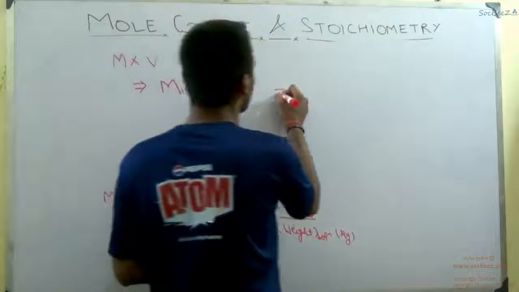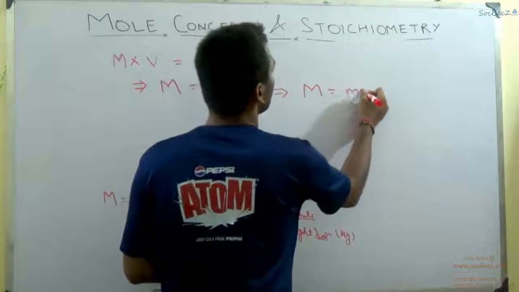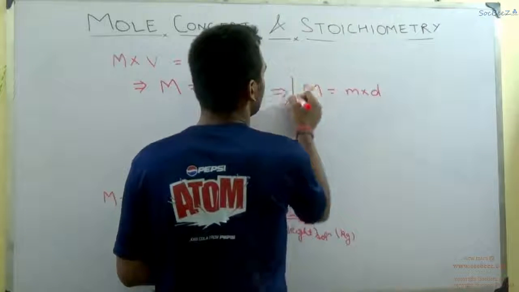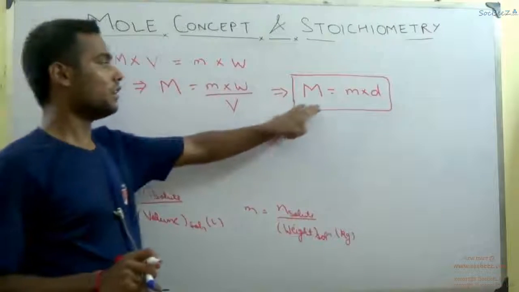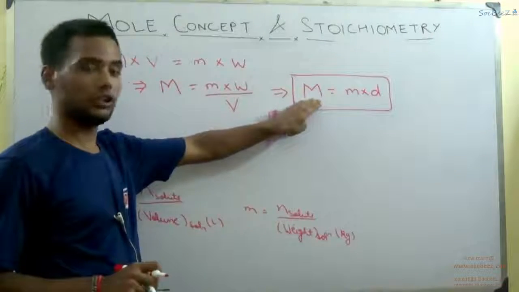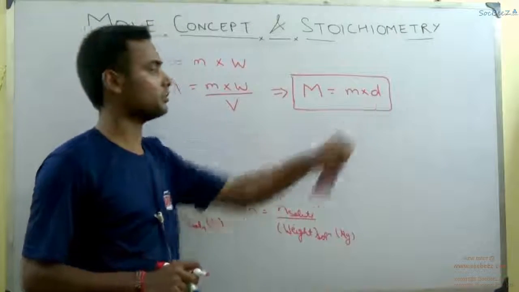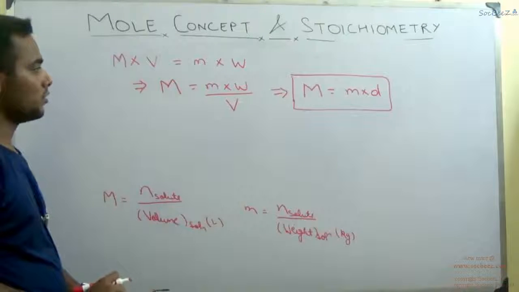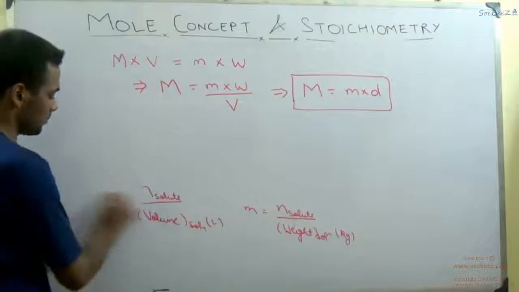So from here we can say that molarity equals molality into density. Here we get molarity of the solution equals molality of solution into the density of that particular solution. Okay, so let's discuss some questions.